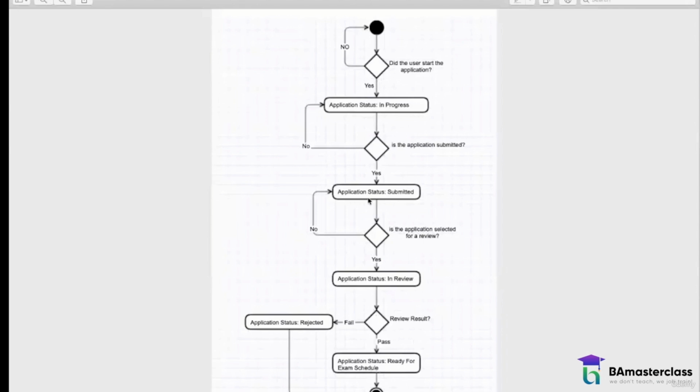Although it looks like an activity diagram, this is a state diagram. So let's write down the definition of a state diagram.